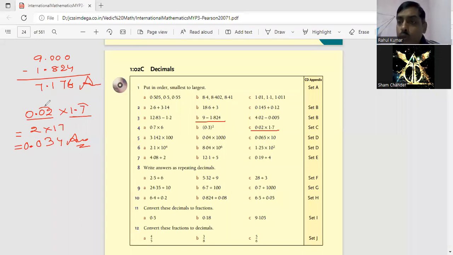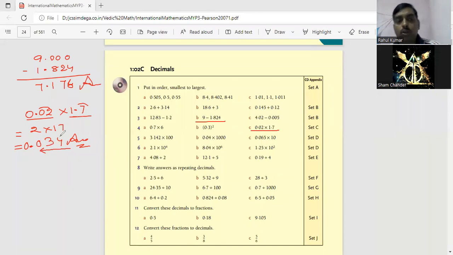So together, how many digits after the decimal point? 3, sir. That's the reason I start counting from the right-hand side to make the decimal place. After doing the calculation, we can do it like this, just for putting the decimal place in the right place.